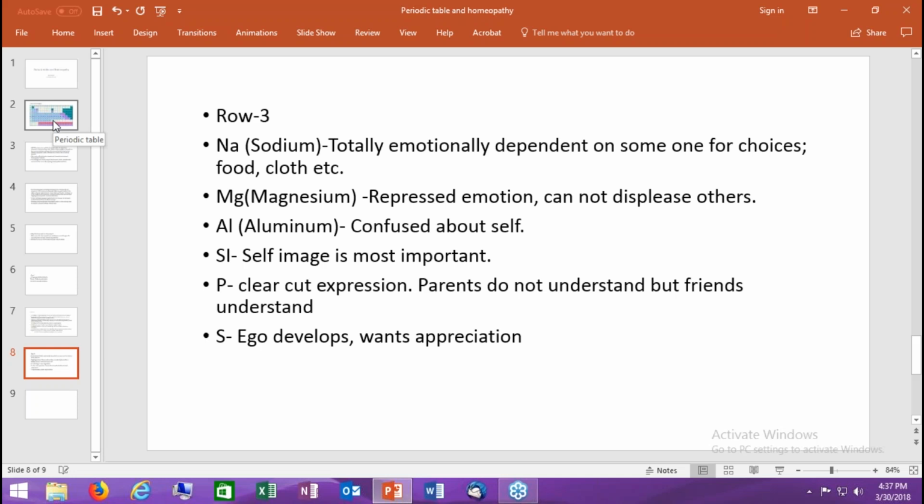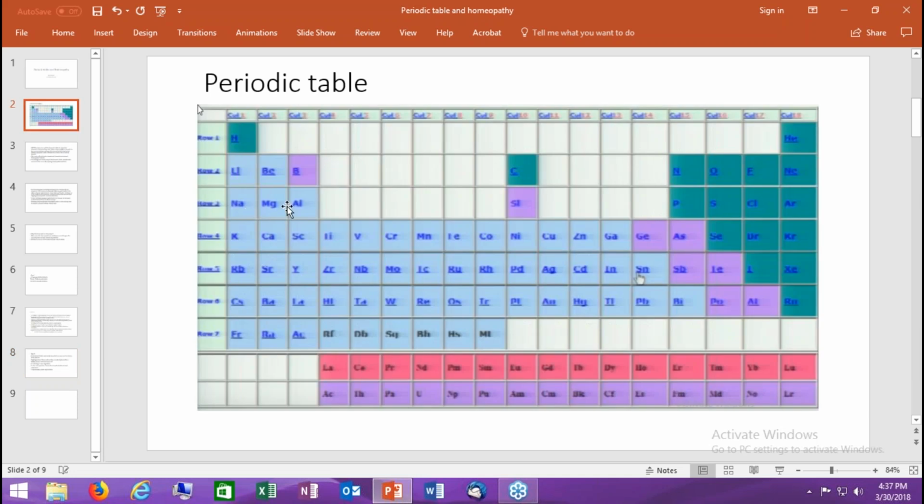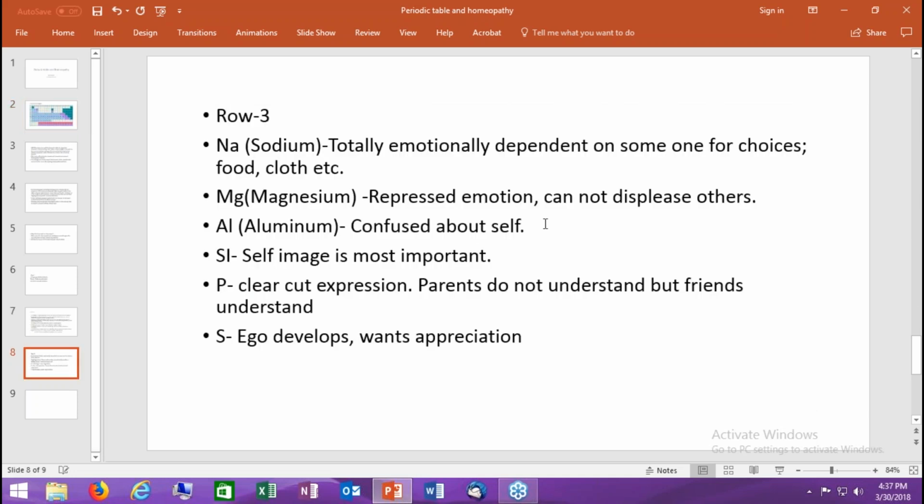Next is the magnesium. Magnesium is a long repressed emotion. The man has lost the mother around 20 years back, 30 years back. In some corner of the mind, that emotion remains repressed. He did not express his grief in front of others, kept it in the corner of the mind somewhere.